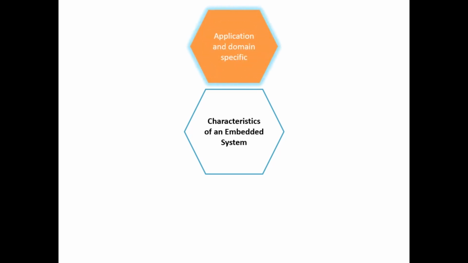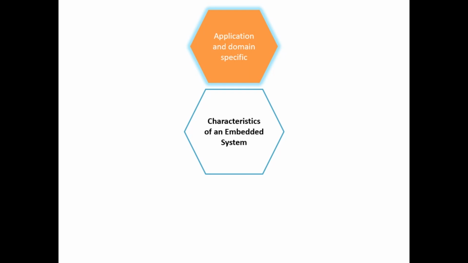So the first one is that an embedded system should be application and domain specific. If we closely observe any embedded system, we will find that each embedded system is designed to perform a set of defined tasks, right? And they are developed in such a manner to do specific functions only.